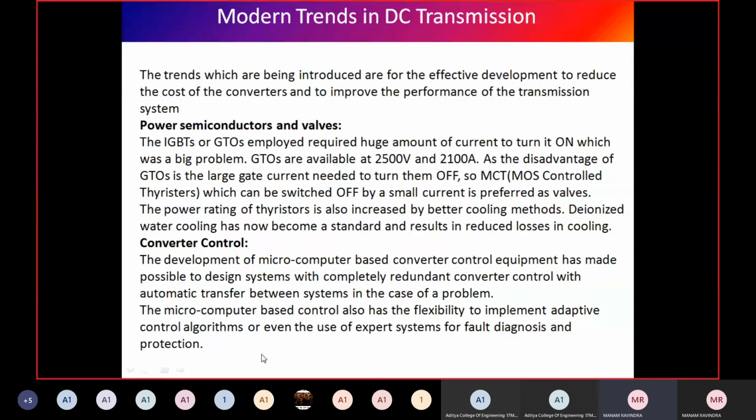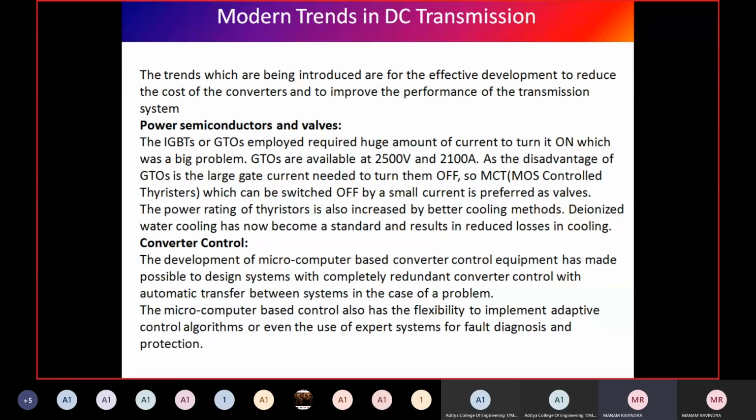Converter control: how do we control the thyristor devices, the gate pulses, how do you get different control? There are many methods, and the main research is on converter controls. Different techniques are there for controlling HVDC systems.